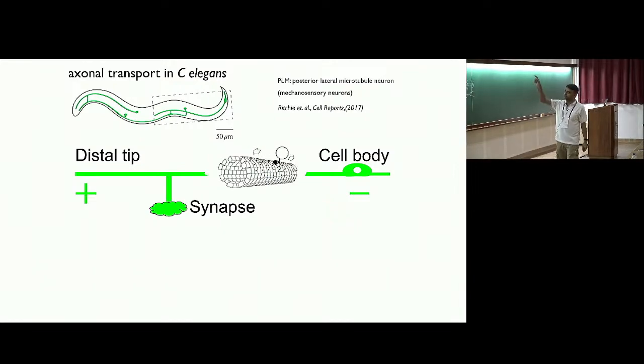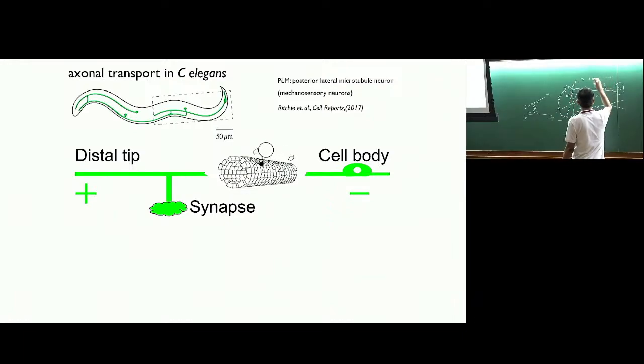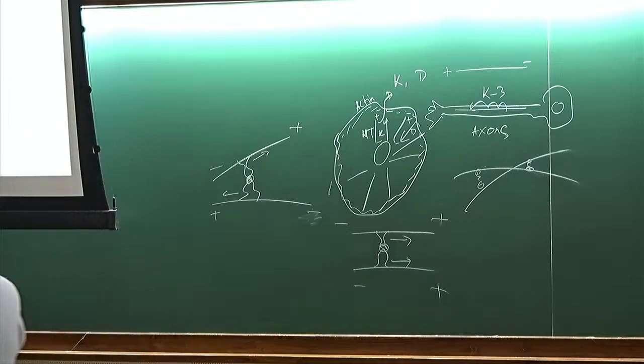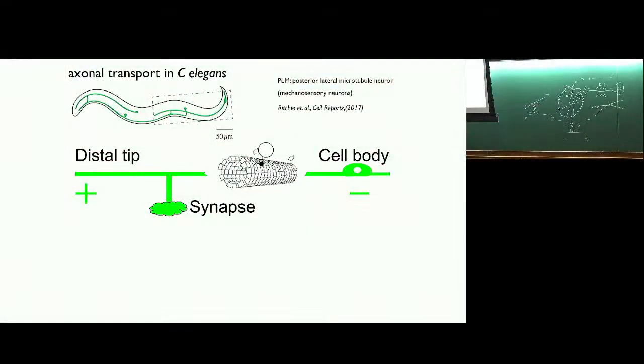In this system, we are looking particularly at the kinesin 3 kind of proteins which walk towards the plus end of microtubules. In this system, the microtubules are aligned in this manner. Plus end is here, minus end is there. Of course, this is not a single microtubule, several microtubules stack one after the other, generating this connection.